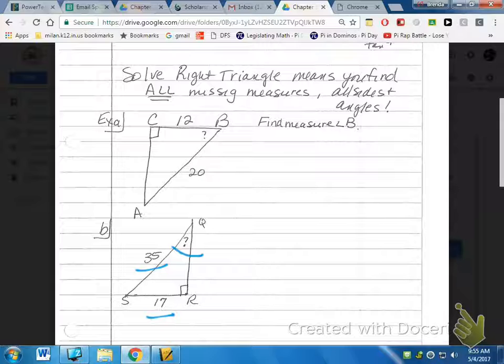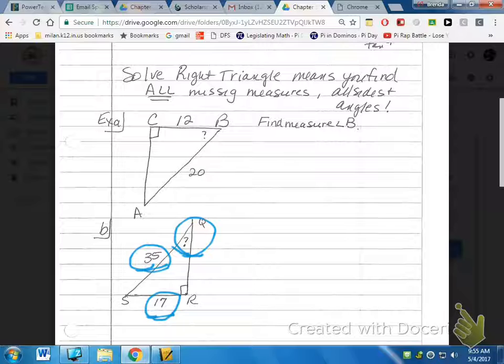So you have to see how angle Q is related to those two measures. 35 is the hypotenuse, so you don't have to worry about that. But how is 17 related to angle Q? Is it opposite or is it adjacent? Opposite. So we've got opposite and hypotenuse.